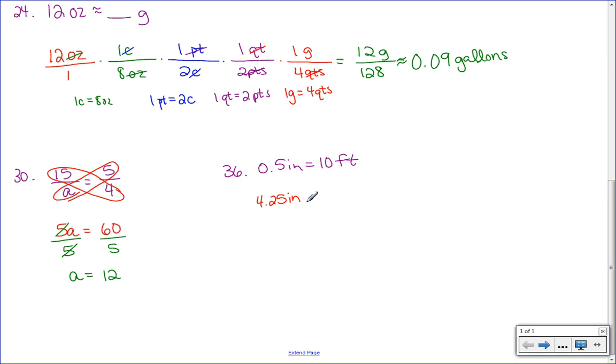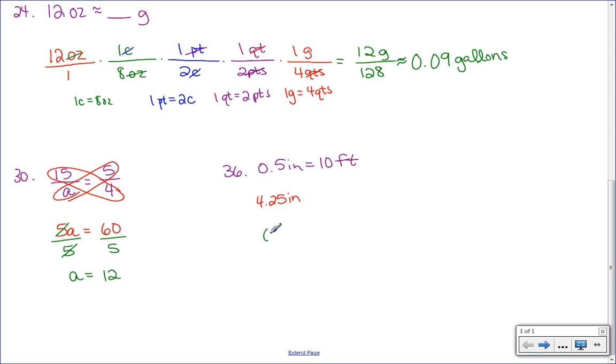Alright, so remember in scale drawings, the scale gives you the ratio of the length in the drawing to the length in the actual object. So if we know the length in the drawing is 4.25 inches, we're looking for the actual length. And because these are proportional, we can set up a proportion.